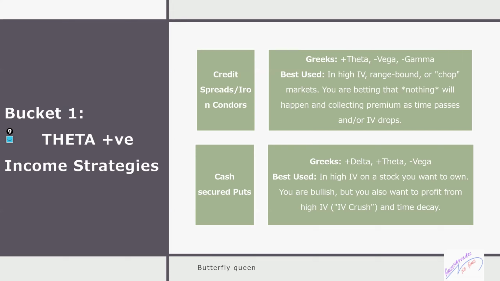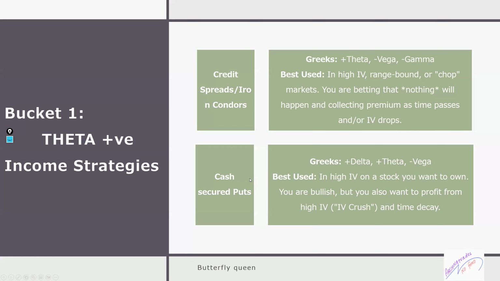As long as my short is not breached, it's going to slowly decay. The option will decay, and whatever credit I got, I can keep, right? So you are betting that nothing will happen and collecting premium as time passes or as IV drops.